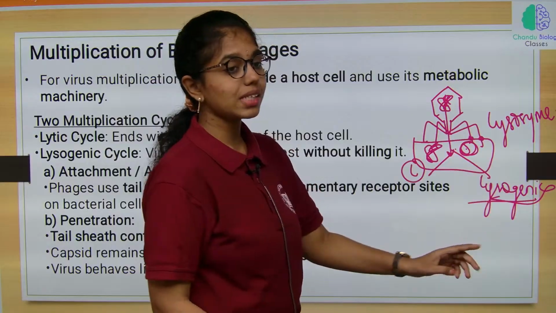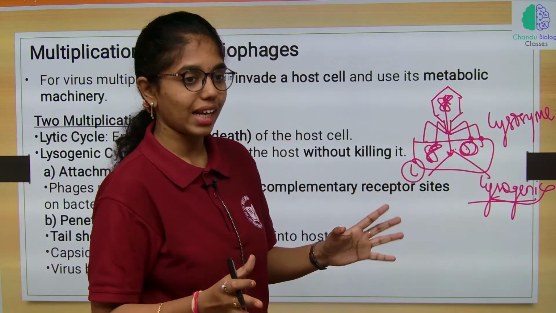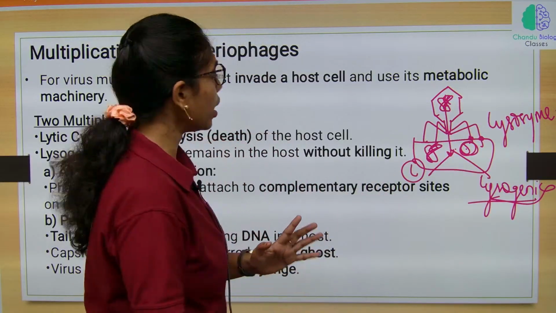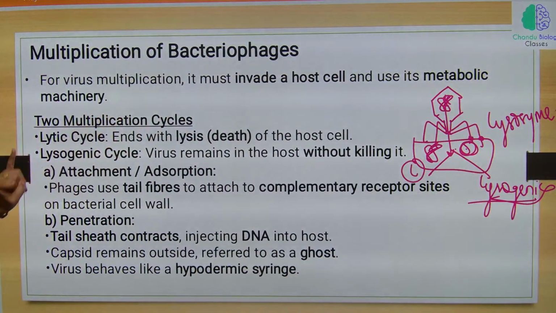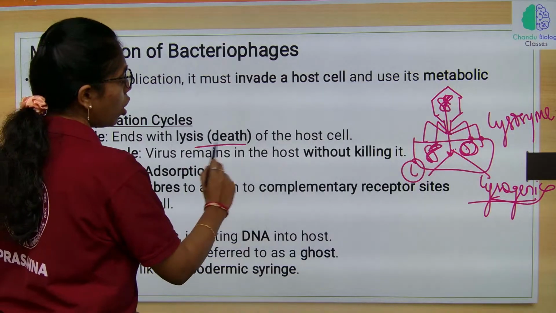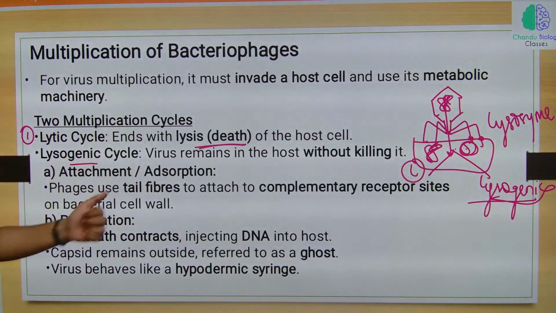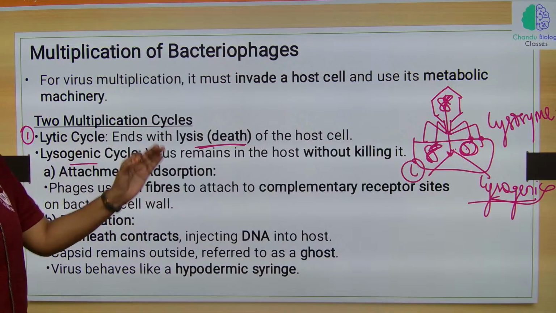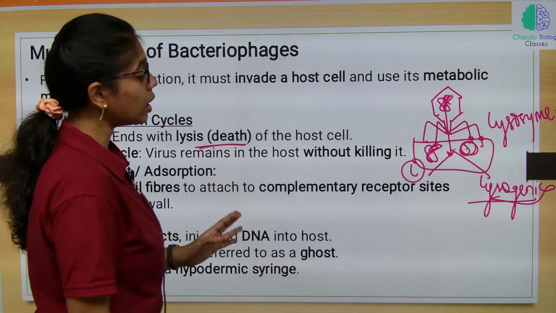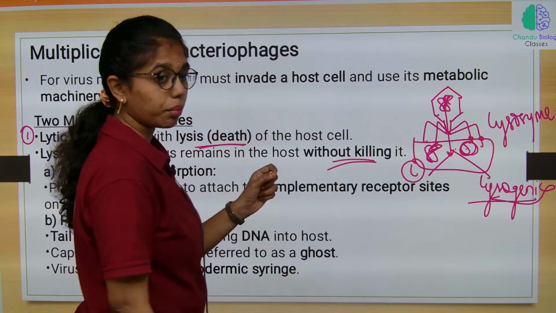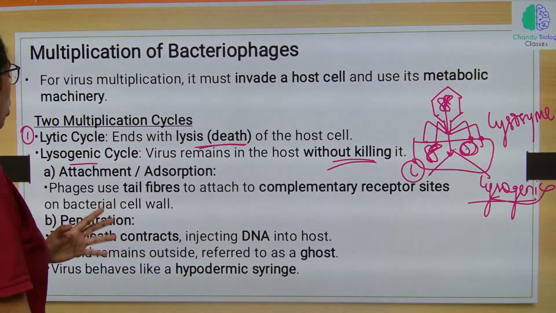In the lysogenic cycle, the bacterial cell will not be lysed, it will not be killed. So of the two multiplication cycles, the lytic cycle ends with lysis or the death of the host cell, whereas in the lysogenic cycle, the virus remains inside the host without killing the host cell.